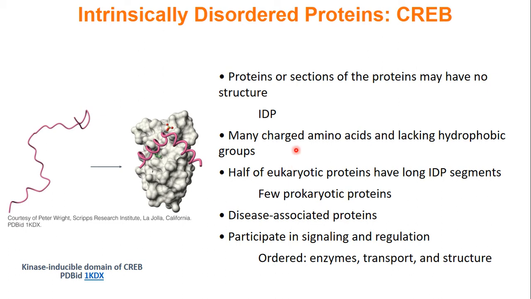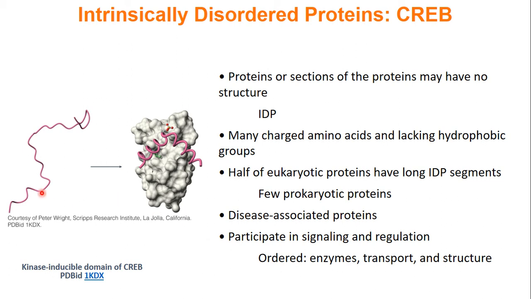In fact, half of all eukaryotic proteins have long IDP segments, and when you look at prokaryotic proteins, they generally don't have IDP segments. Now, IDPs, we'll see this later in the course too, can be associated with some diseases. And they also can be used for signaling and for regulation.